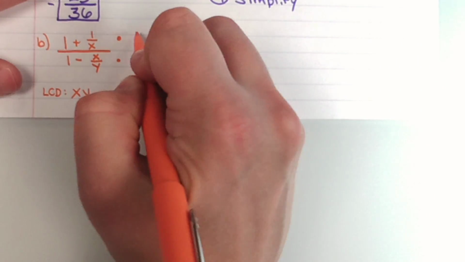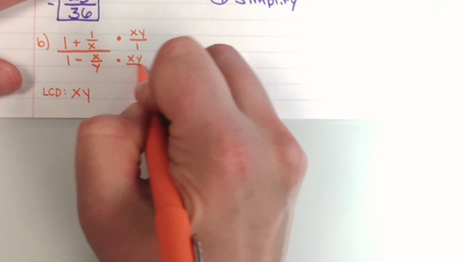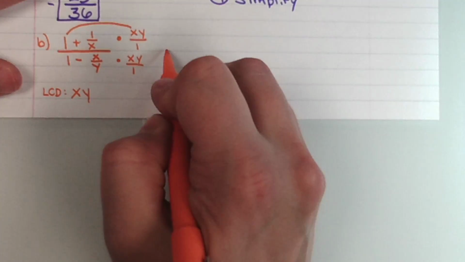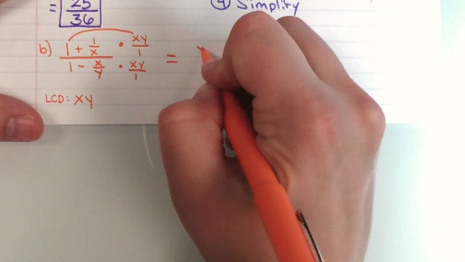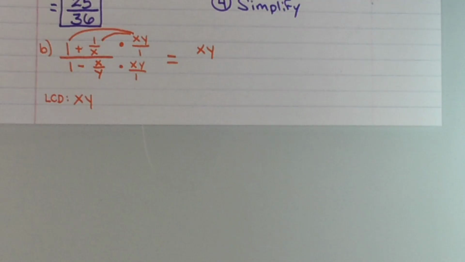Multiply it by both top and bottom. Remember it's over 1. Remember I have to distribute. XY times 1, XY. XY times 1 over x. Now, some of you might simplify this fraction as you do it, and I'm okay with that. For the sake of our notes, I will not.